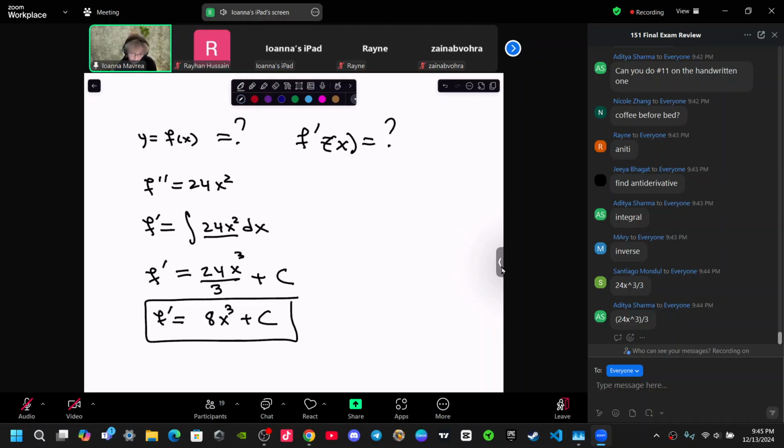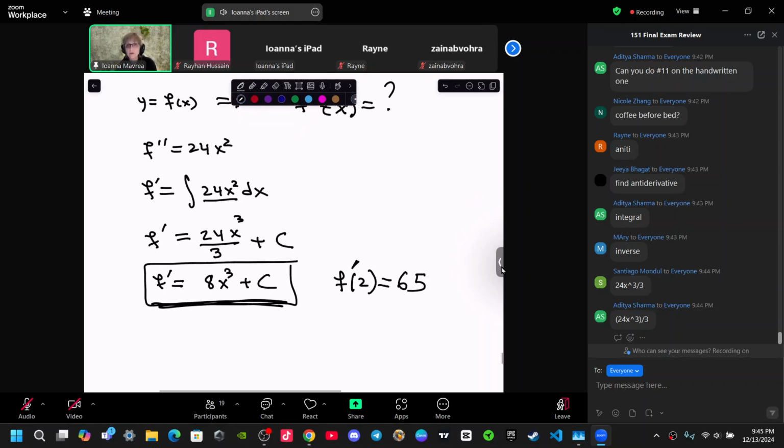Okay. So you know that's what the derivative function should look like. But you don't know exactly what the c is. But they're telling you what f prime of 2 is equal to. They say the derivative of f at 2 is 65. So that would allow you to find c.